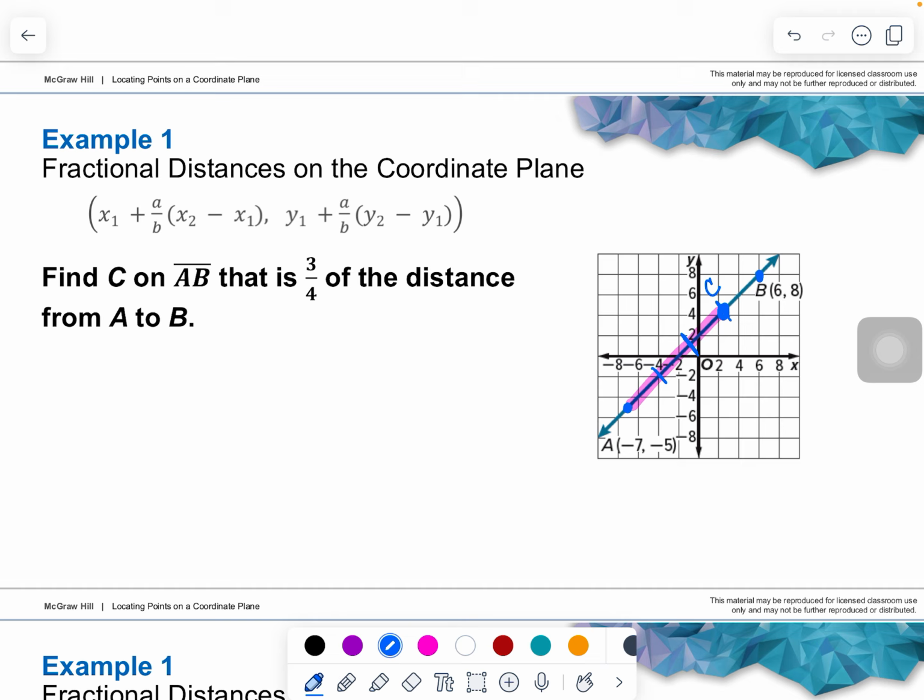Because that is 3/4 of the way from A to B. We've driven 3/4 of the way along that line, if that makes sense. Now, it looks like that point is not right on an actual intersection. So it's probably going to be a decimal point. So that'll be interesting. So we're going to go ahead and see what it looks like to plug in values for that.